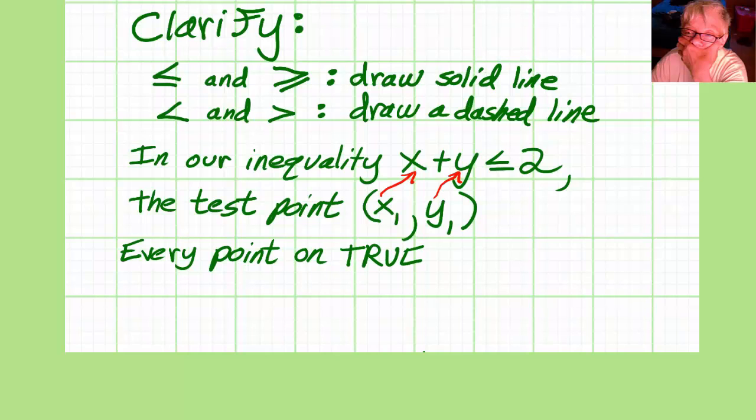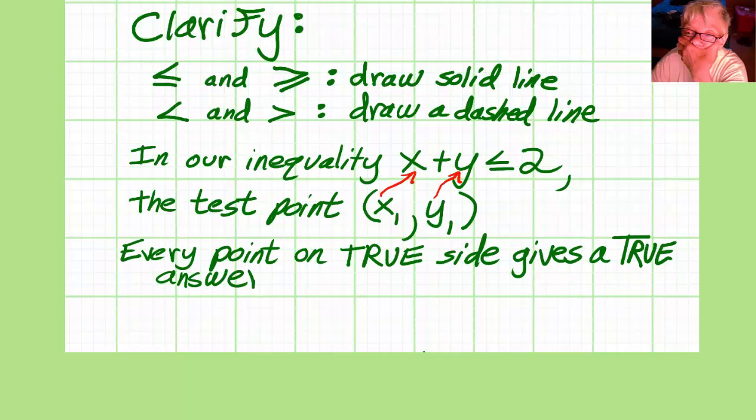In fact, if you happen to get a false from a point, you know that you can just shade the other side of the line. You'll see that happen in the coming problems. And always, always, always shade the true side.